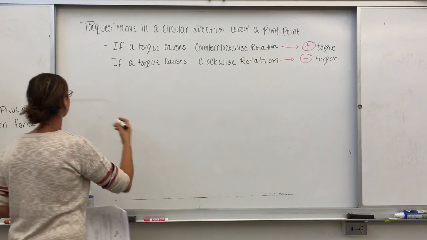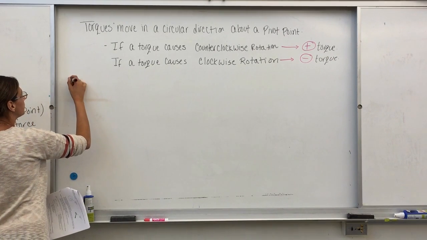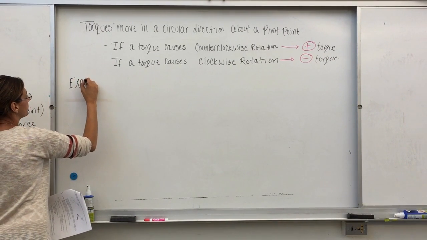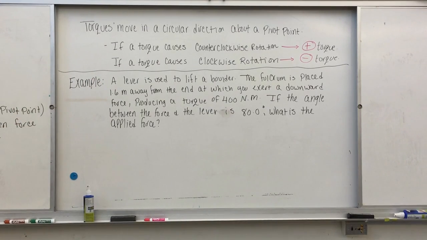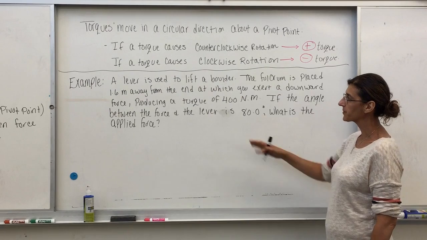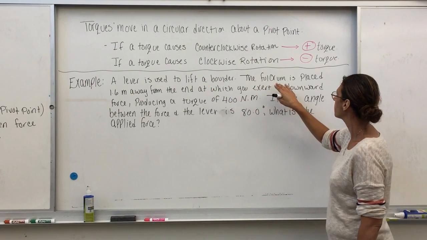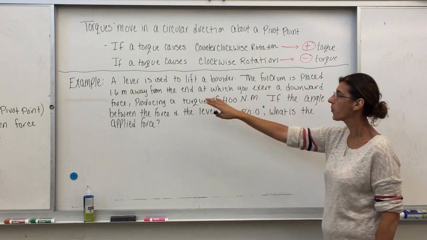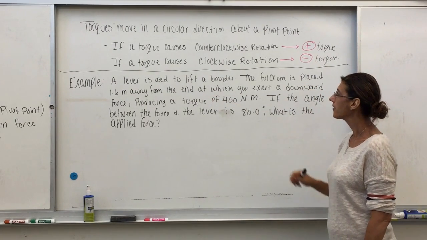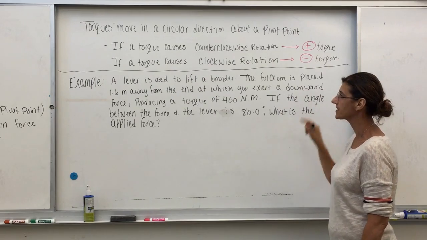So, let's do an example. Okay, so this example reads, a lever is used to lift a boulder. The fulcrum is placed 1.6 meters away from the end at which you exert a downward force.